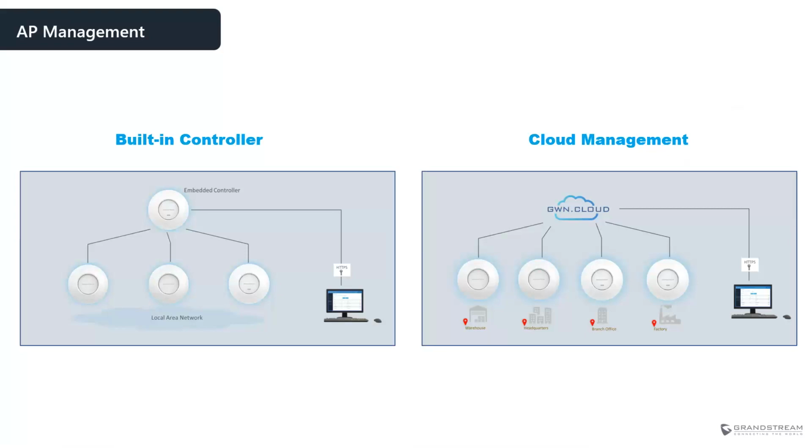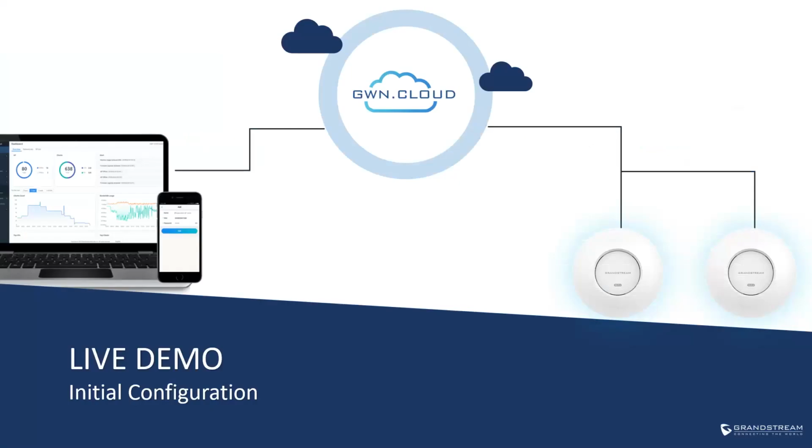The advantage of using the cloud management is that you can use it to manage multiple locations, networks, and sites, and there is no limit to how many access points you can manage from the GWN Cloud. So for today's demonstration, I will use the GWN Cloud and show you how to add the GWN access points, how to configure the parameters related to the access point, as well as the parameters related to the SSID.